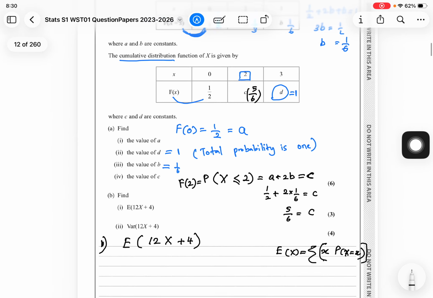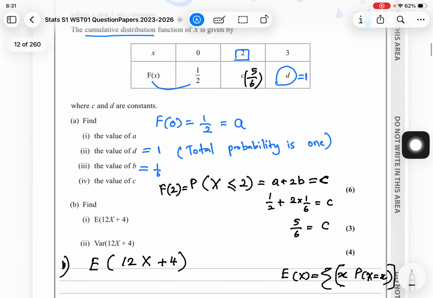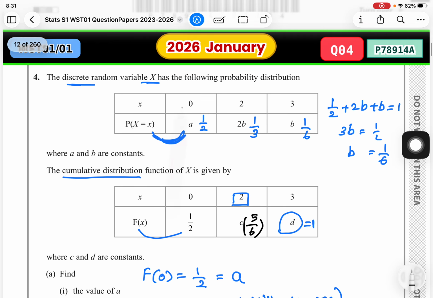First of all, we need to find the expectation of our given function. When x equals 0, 2, 3, the probabilities are half, 1 over 3 and 1 over 6.